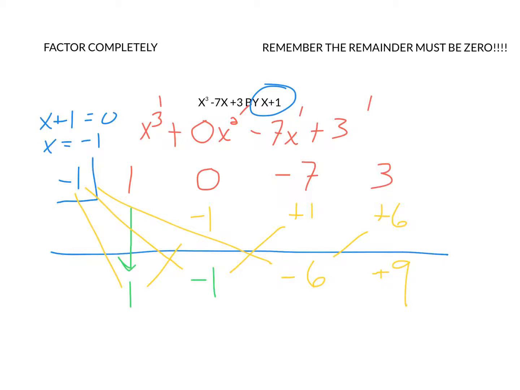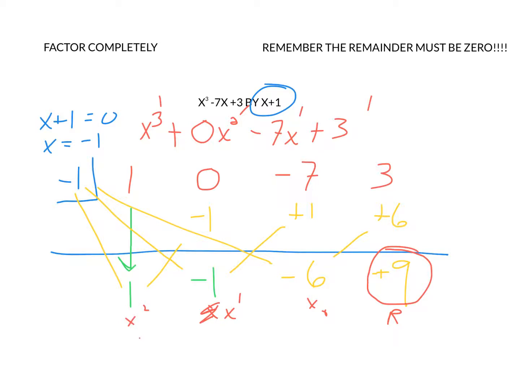Now again, here's our problem. In order to factor this properly, remember, this remainder must be 0, which means in this case, this one is not factorable by x plus 1. Now before, when we were looking at synthetic division, we would leave this. We would say, oh, this is easy, I got my remainder. This is x to the 0, x to the first, x squared.